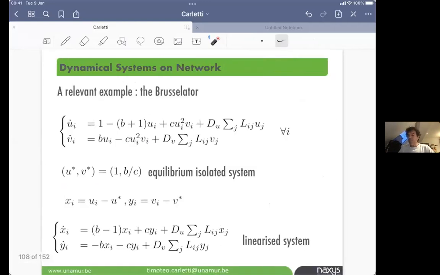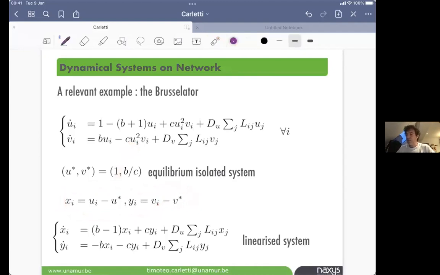Then, because you want to study the stability of this equilibrium, you linearize around it. So you put x_i equal to u_i minus u star, y_i equal to v_i minus v star. You put these into your model and linearize, and you end up with a linear system. I don't think I have to do the computation, but it's quite easy.